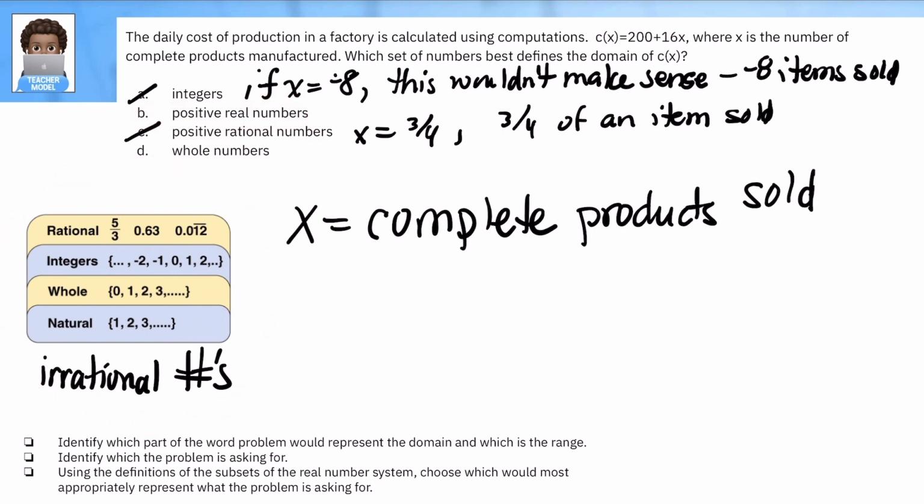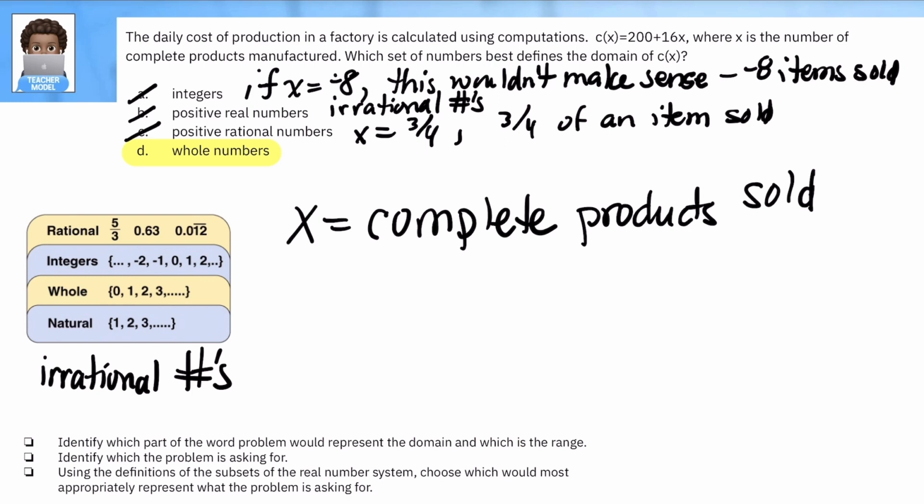And that just doesn't make sense. So we cannot have irrational numbers. We wouldn't count this one. So the best choice in this option would be whole numbers, because we can talk about the whole number of items that are actually completed. That makes the most sense in the context.